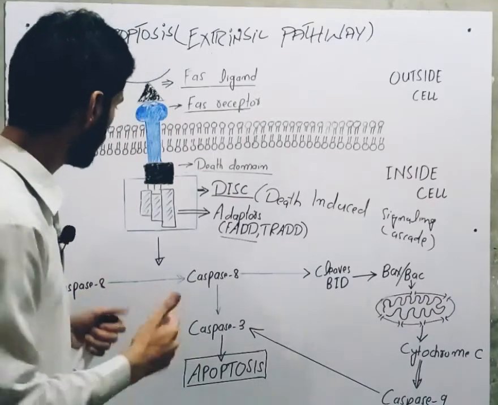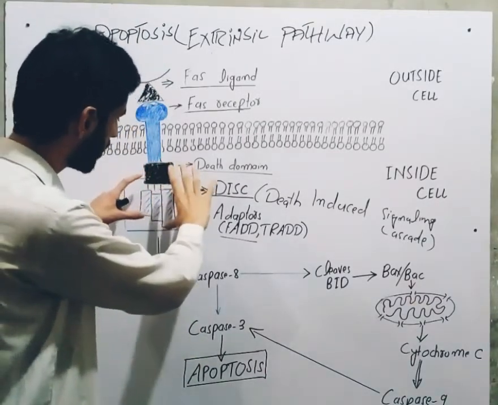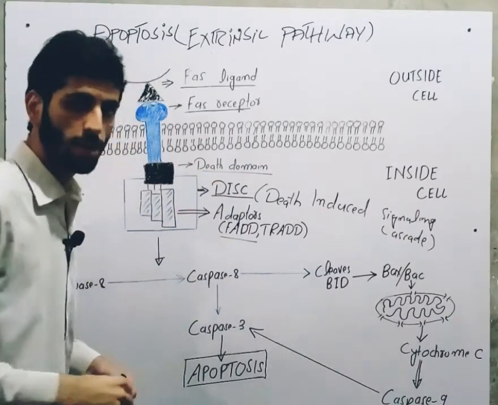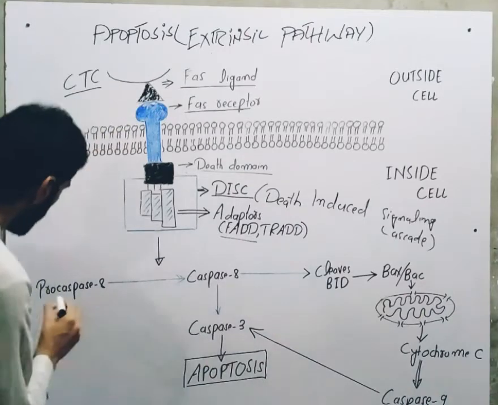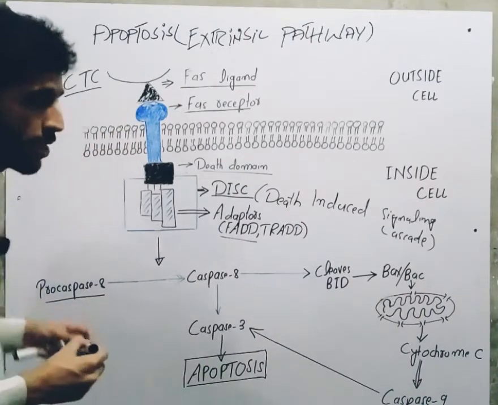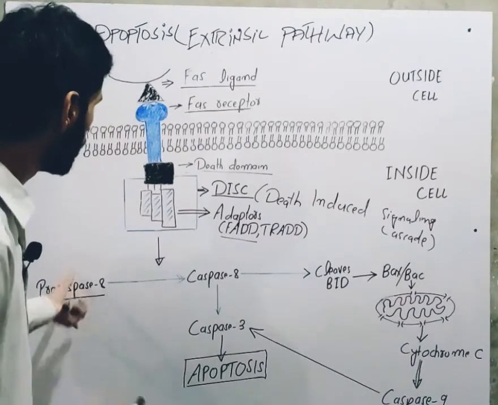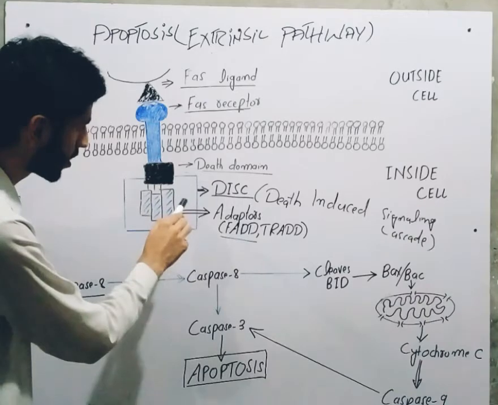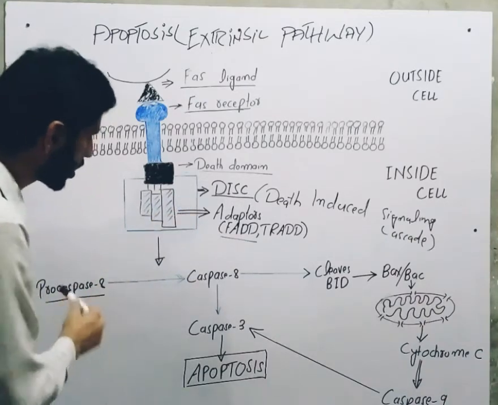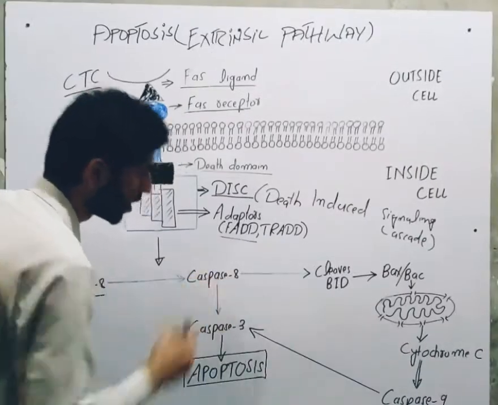So then next, what happens when these combine? This DISC activates an inactive caspase, which is called procaspase 8. Procaspase is actually an inactive form. When it gets activated by this DISC, this procaspase 8 becomes caspase 8.